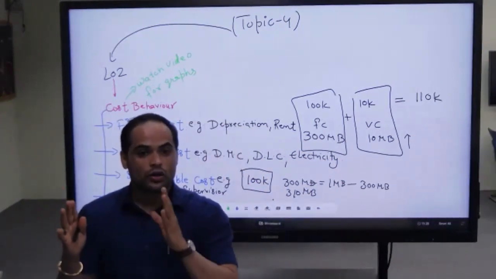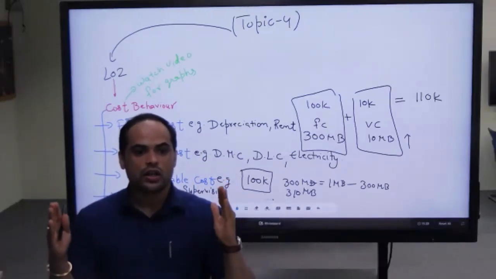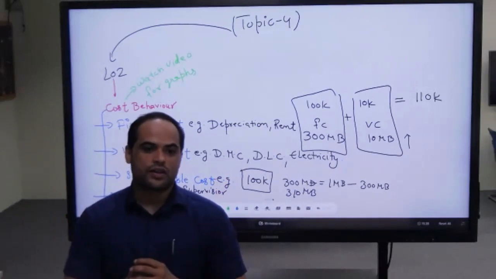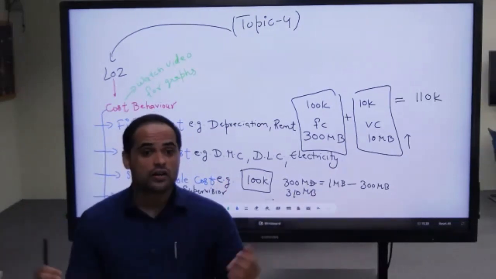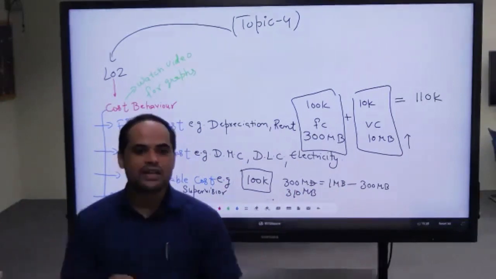So for 30 workers, the cost of supervision will be $2,000. For 25 workers, the cost of supervision will also be $2,000. So this is the example of the step cost.